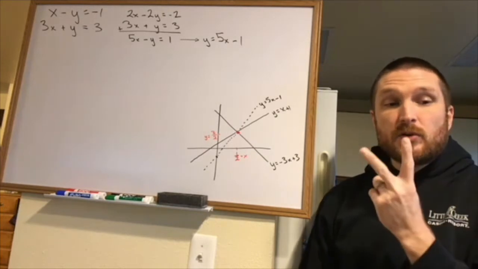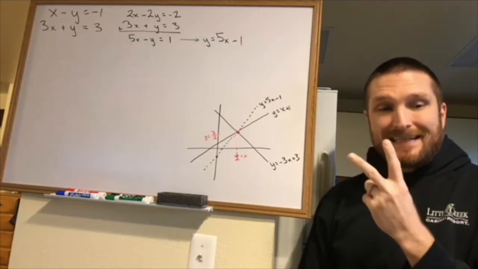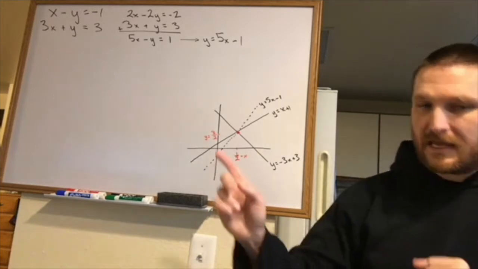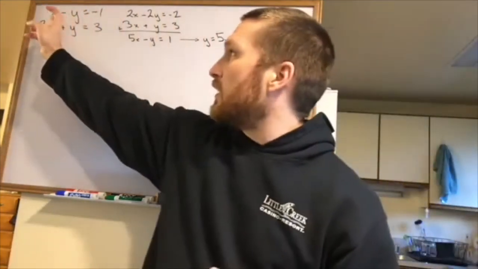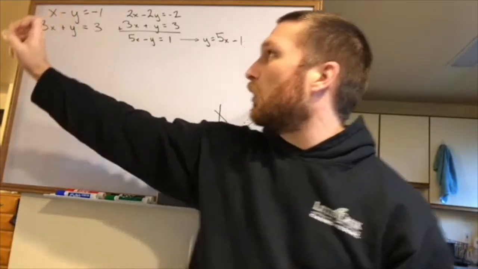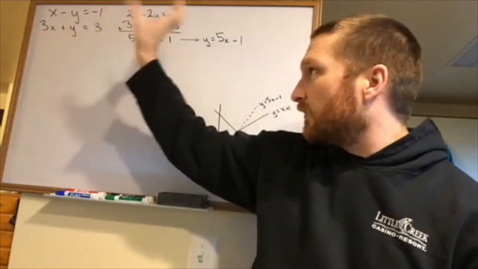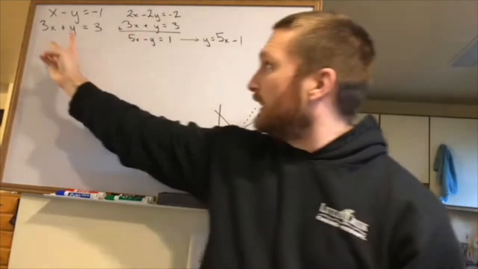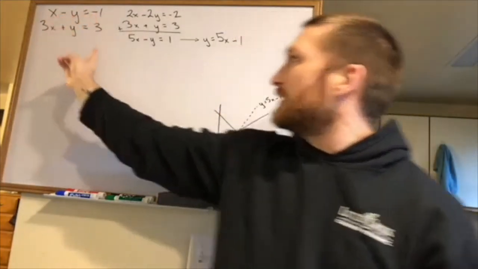If you have two unknowns, you need two equations to solve for them. In this case, we don't know what x is and we don't know what y is, and in order to find a specific x and a specific y, we need two equations.